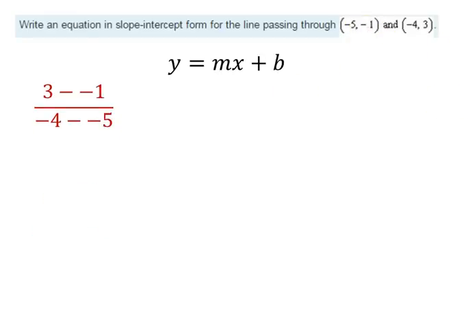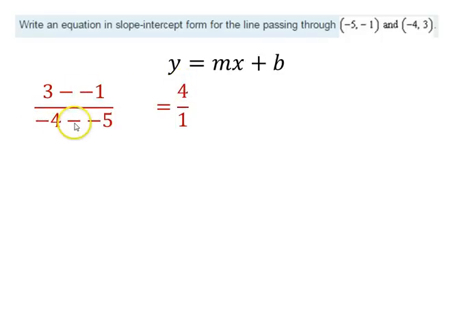I'm going to do the difference of the y's, 3 minus negative 1, divided by the difference of the x's, negative 4 minus negative 5. So I have the difference of the y's divided by the difference of the x's. 3 minus negative 1 divided by negative 4 minus negative 5. When I do that subtraction, I get 4 over 1. 3 minus negative 1 is 4.